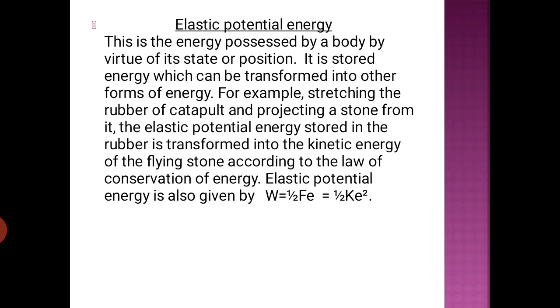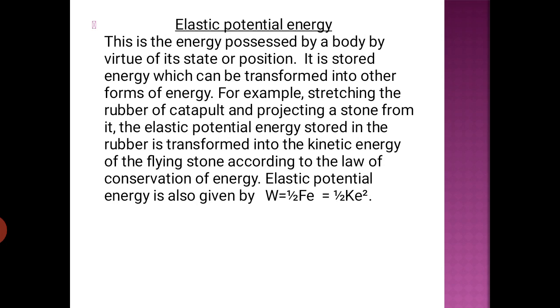We are moving forward. The next thing we are going to look at is elastic potential energy. This is the energy possessed by a body by virtue of its state or position. It is stored energy which can be transformed into other forms of energy.